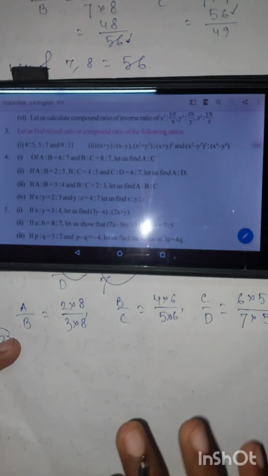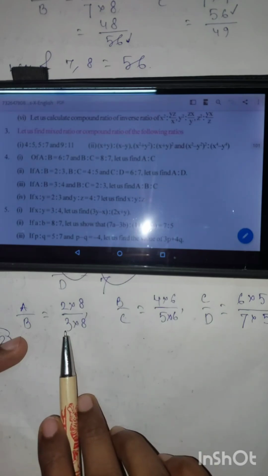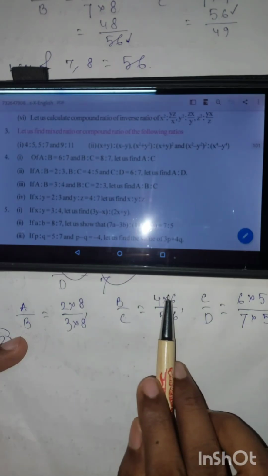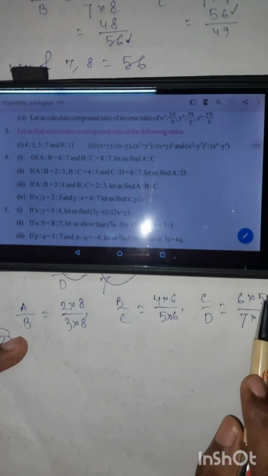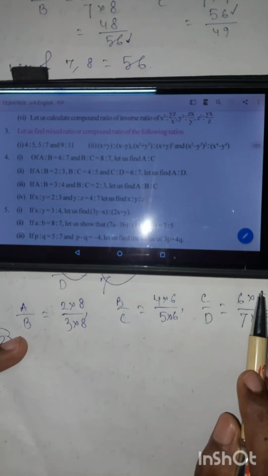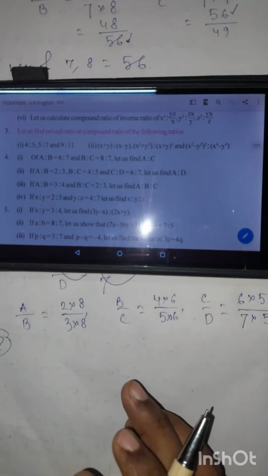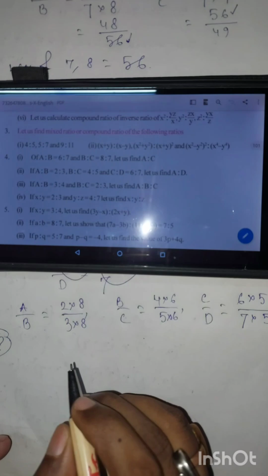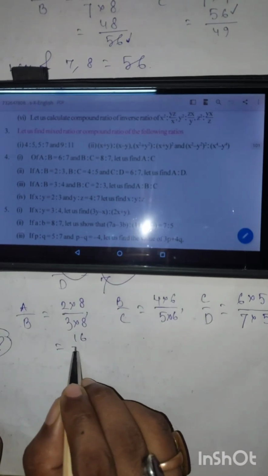Now you can see B is 24, B is 24 and C is 30 and C is 30. Okay, so now we can compare A, B, C, D directly. So this ratio becomes 16 by 24.